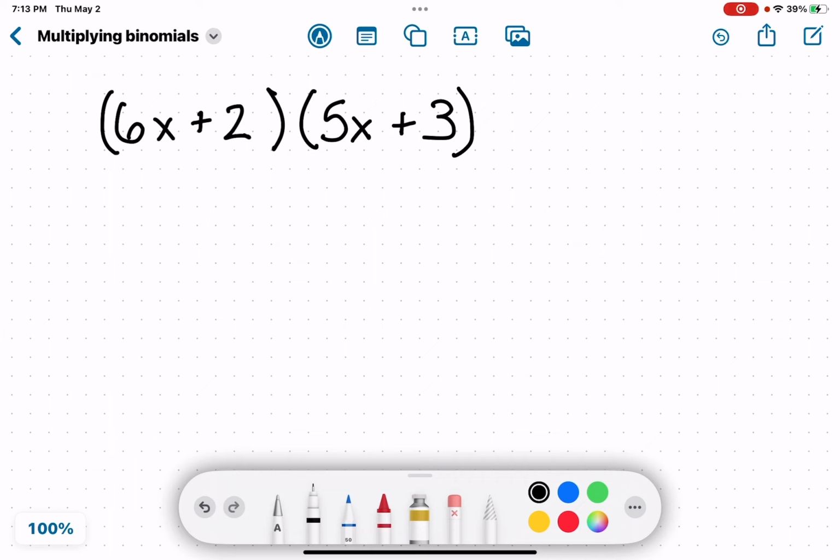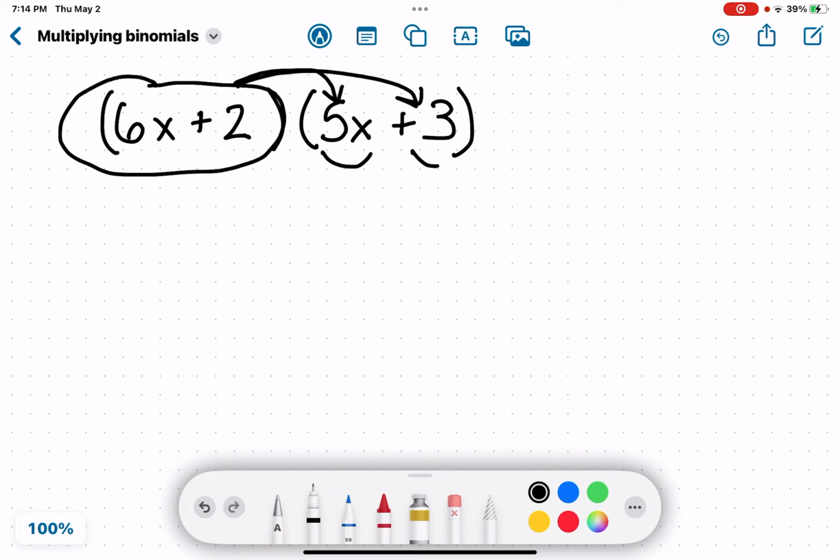So we're taking this whole expression and multiplying it by this term and by this term. We're distributing it twice to the two terms in the other binomial. The first time we multiply it by 5x, and the second time we multiply it by 3, and then we add both of them together.